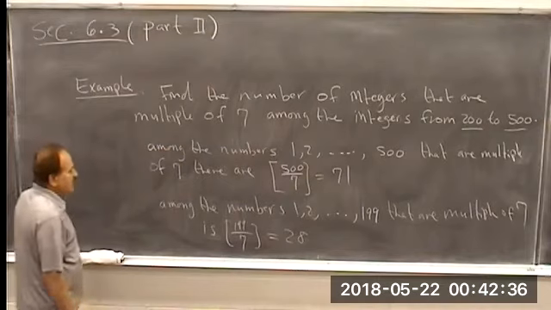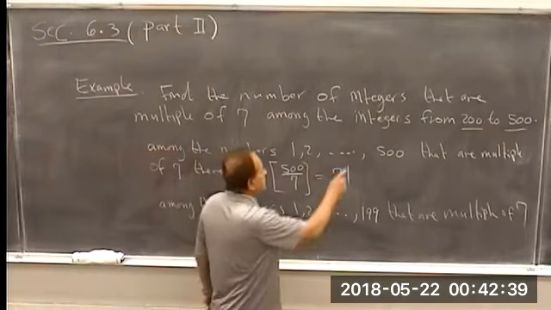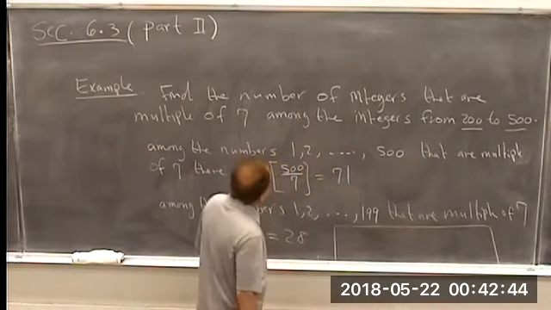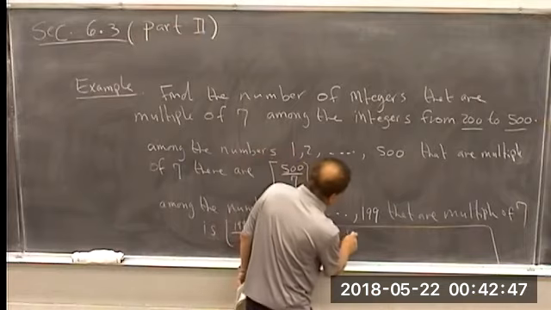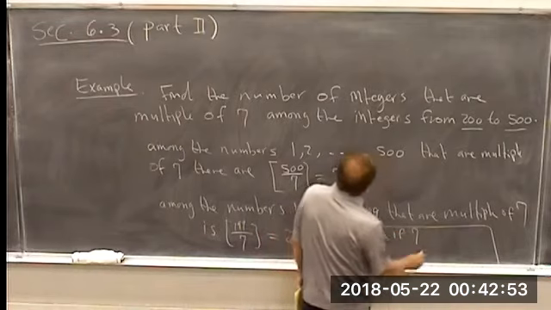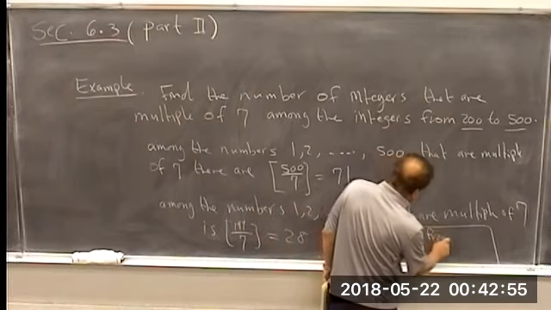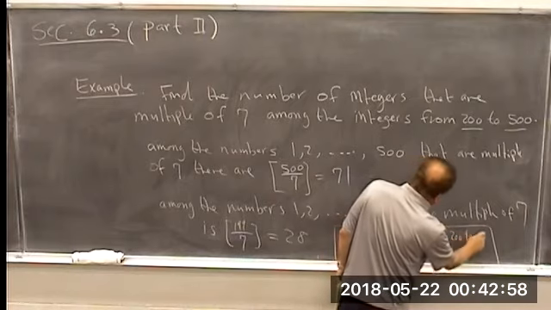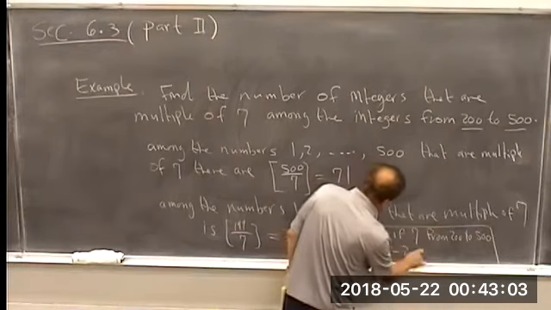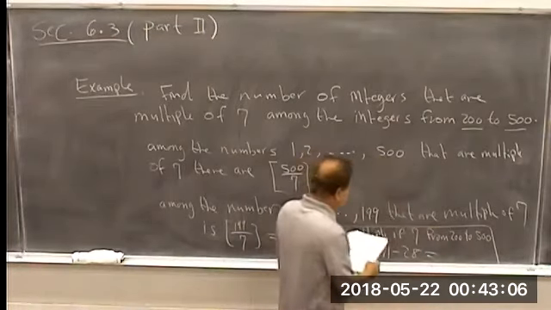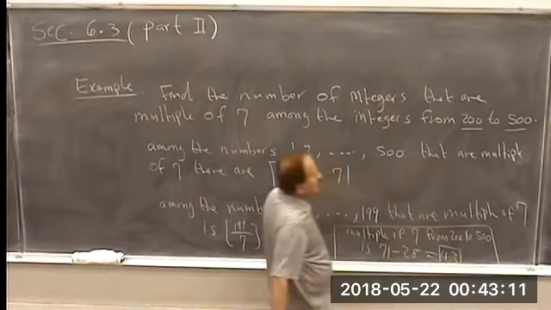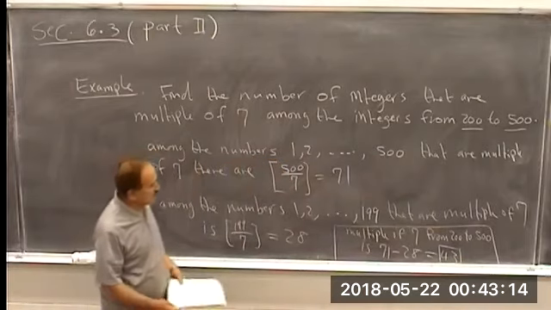So the multiples of 7 from 200 to 500 is 71 minus 28, and altogether this gives me 43 integers that are multiples of 7 between these.